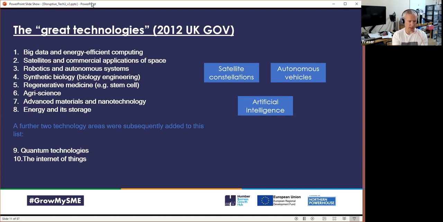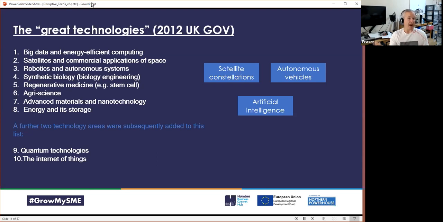Advanced materials, you can probably imagine what that is. Think about carbon fiber, and I've got some other materials to talk to you about later. And then you've got nanotechnology, which is using or building things, useful things from tiny components like cells and atoms. And then we've got energy, which has got a clear link to the Humber.